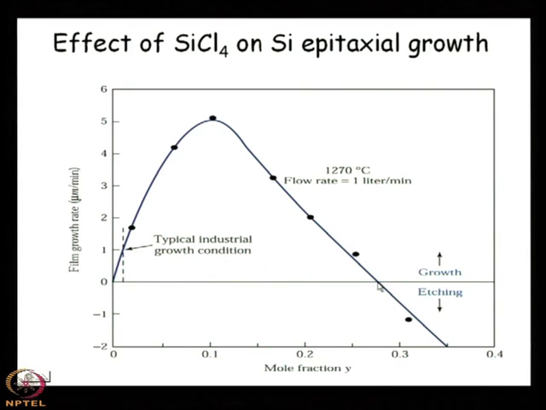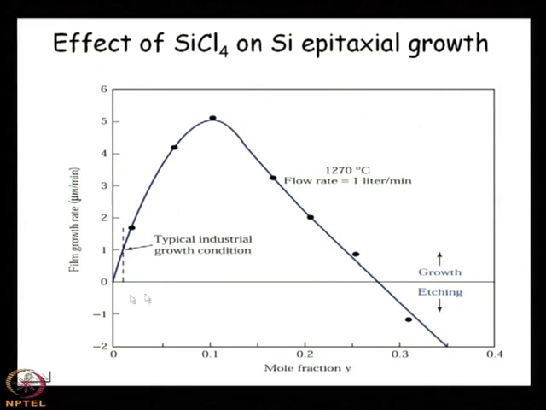Okay? Then, if you further increase the SiCl4, there will be etching, because you see this is the 0 line. Above the 0 line it will be growth, below the 0 line it will be etching. So, you have to choose a very small amount of SiCl4, that means the growth must be kept only in this region.